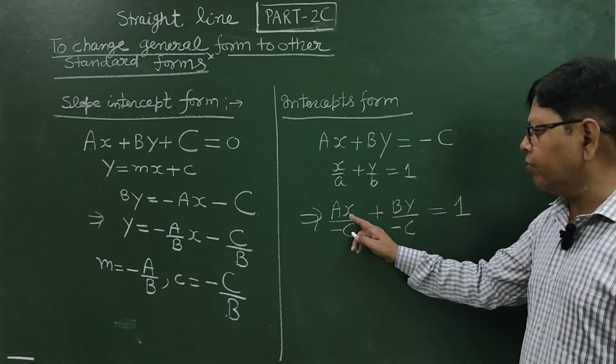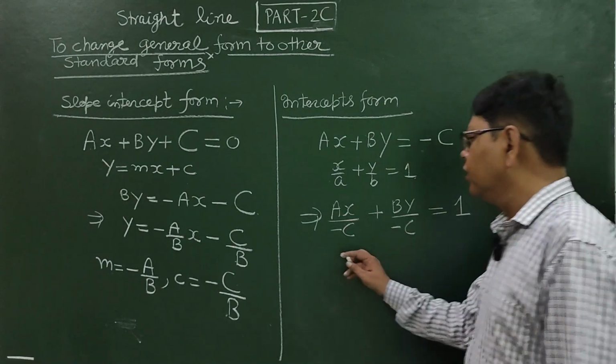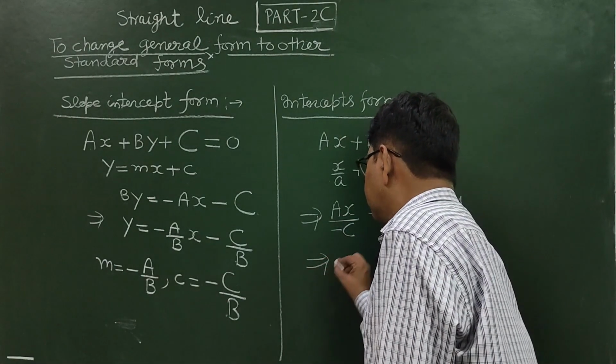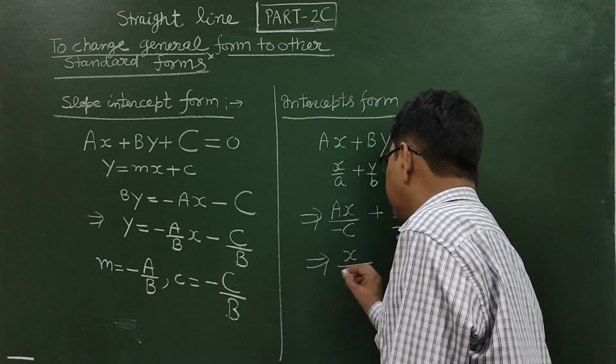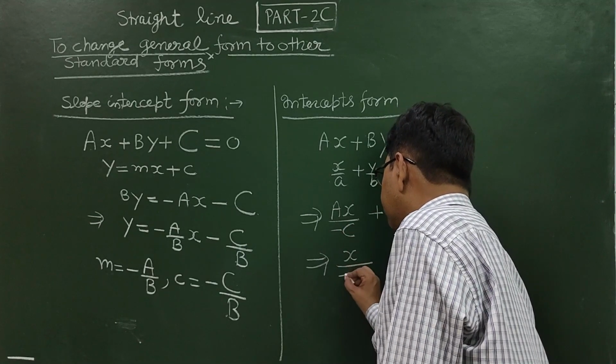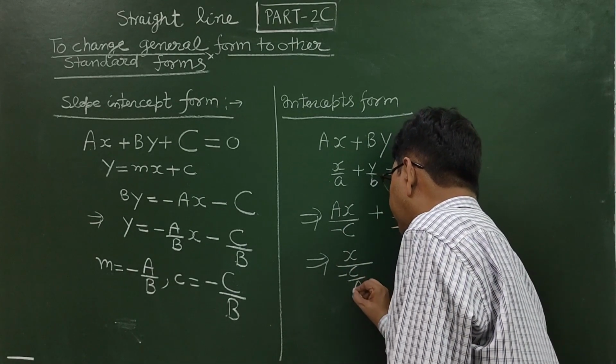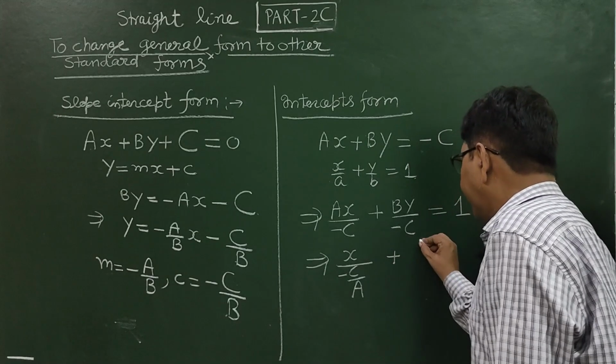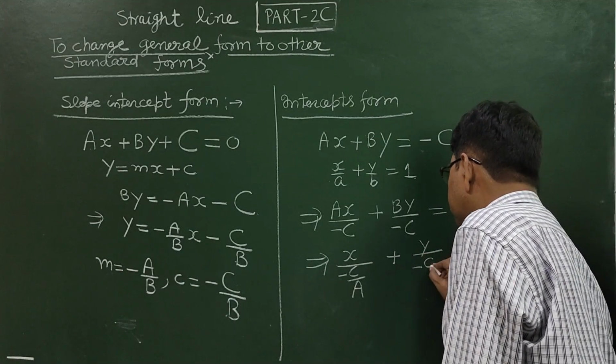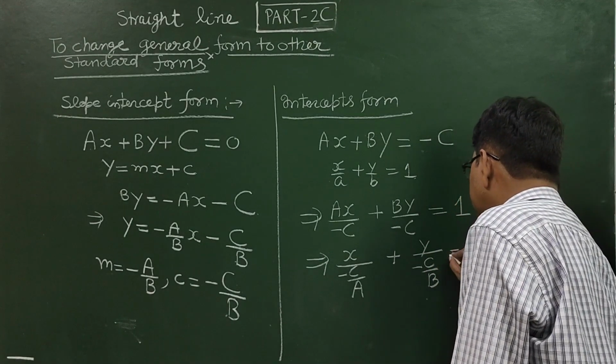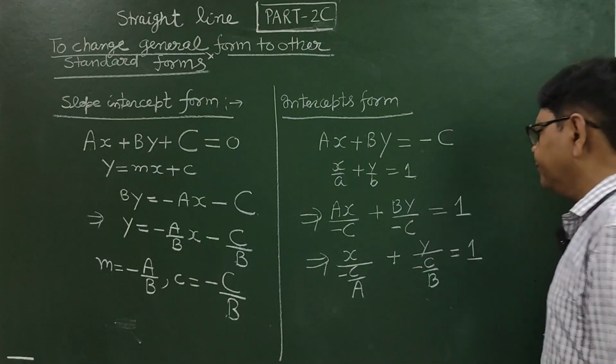Now we need to make the coefficient of x 1. So we can write this a upon minus c as x upon minus c upon a plus y upon minus c upon b equal to 1.